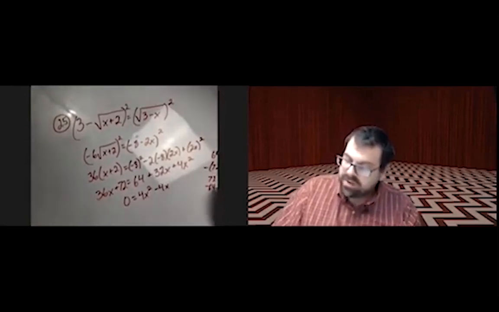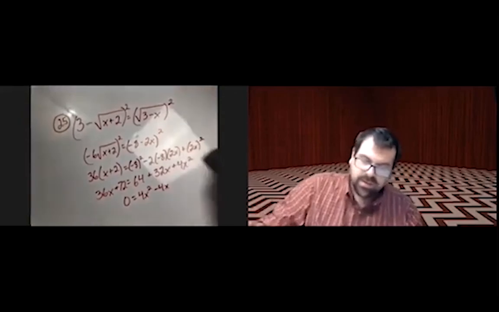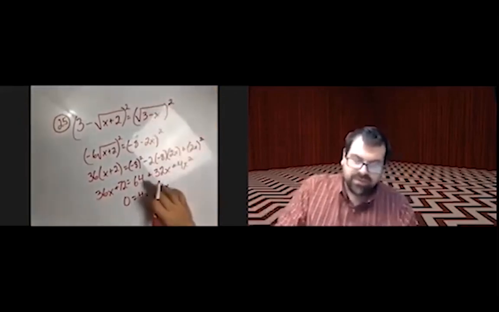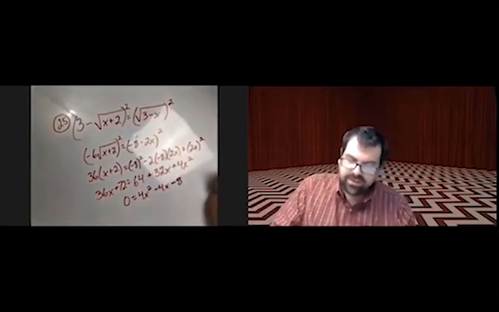I'm just doing that math off to the side, nothing you have to copy. That's 8. So positive 64 minus 72, that's negative 8.